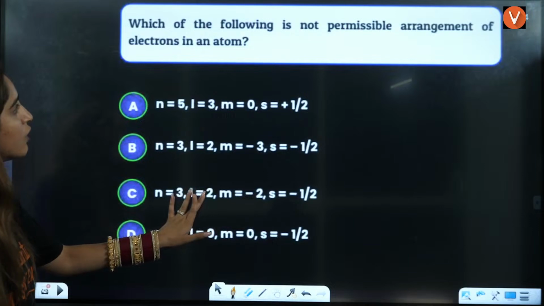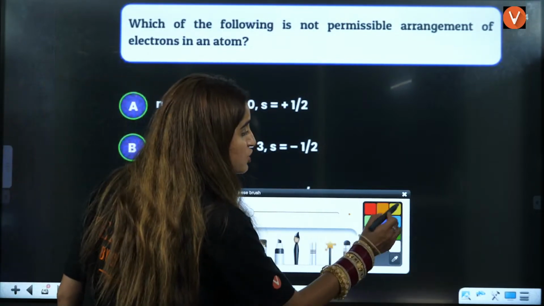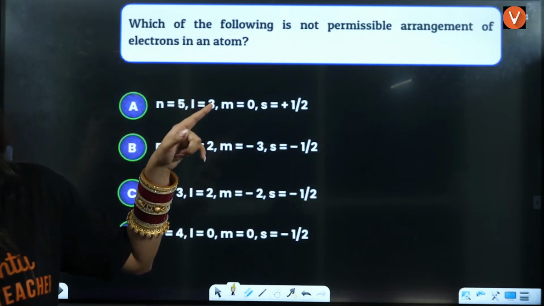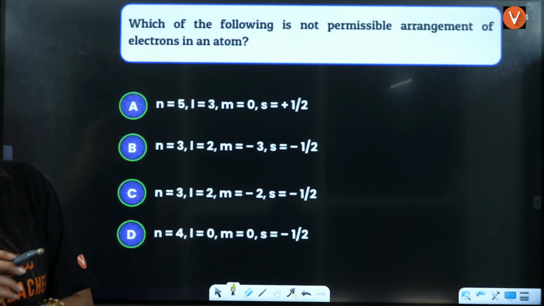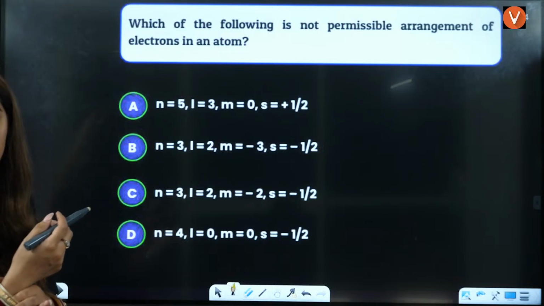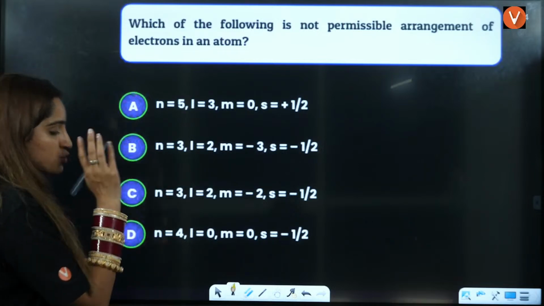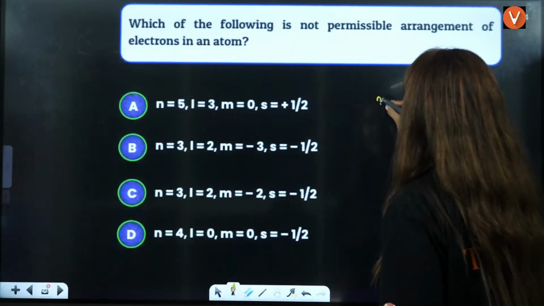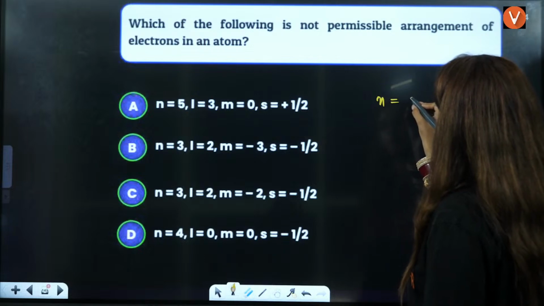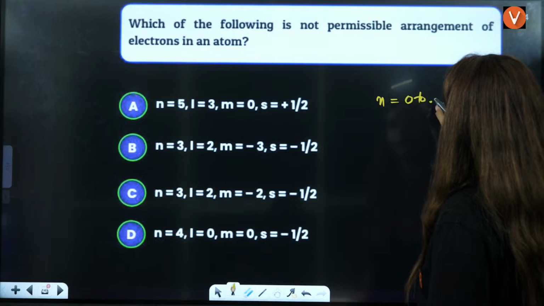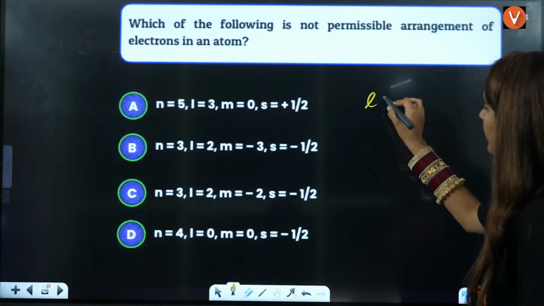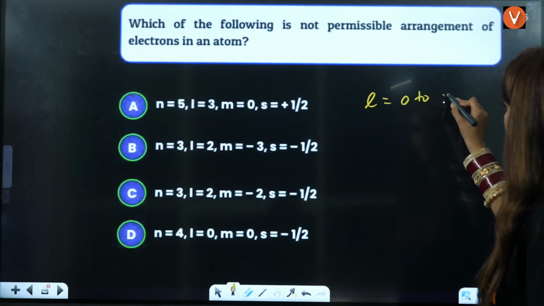Next we have, which of the following is not a permissible arrangement of electrons in an atom? Always remember that l is equal to 0 to n minus 1.